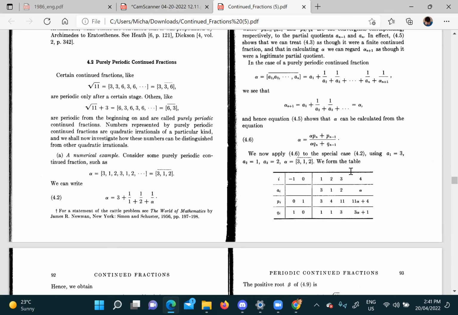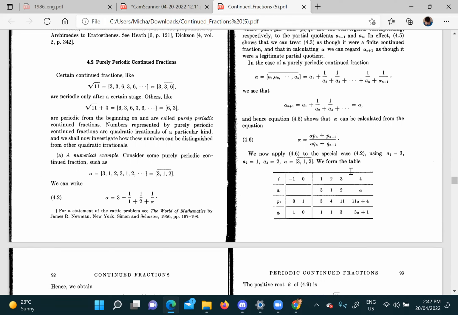Okay, so certain continued fractions are periodic, like root 11 is only periodic after the 3. But root 11 plus 3, see? That's how you make it pure. It seems like you can convert it to purely periodic somehow. If it's not periodic at the first term, you can just add something to make it periodic, or subtract something.